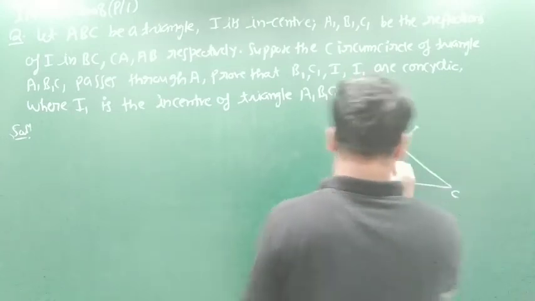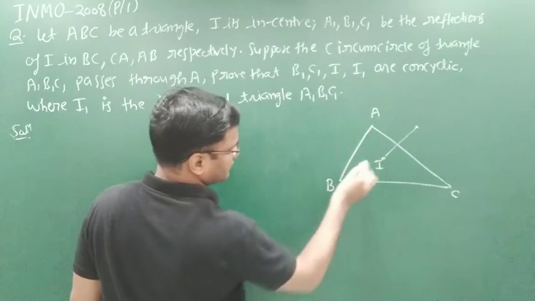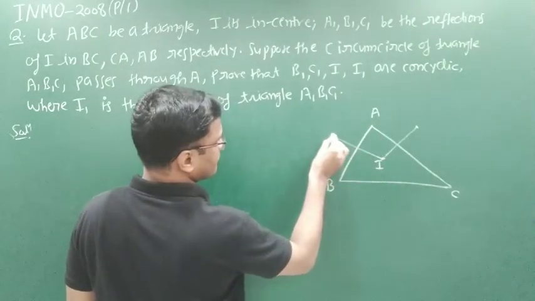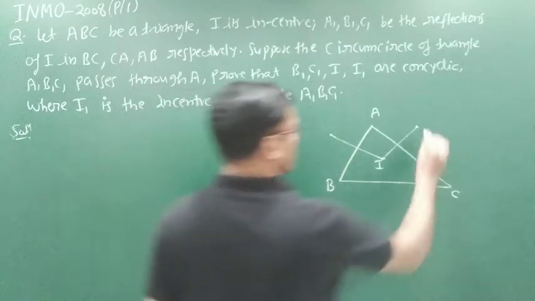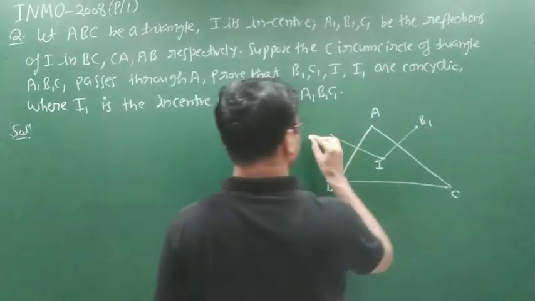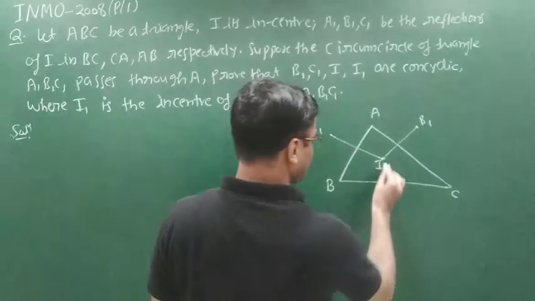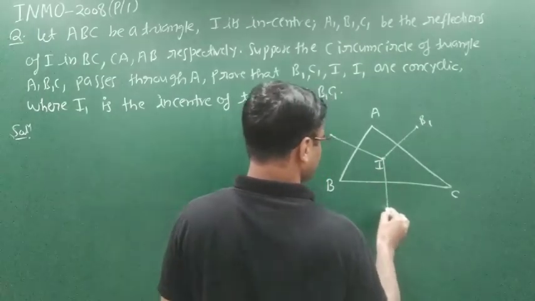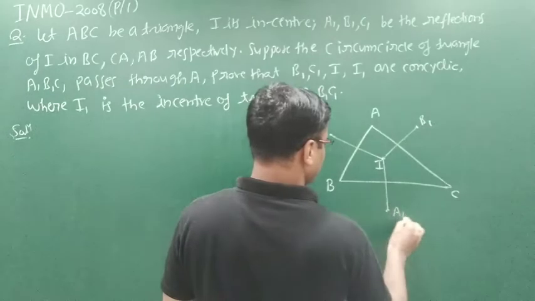This point is B1. The image with respect to side AB is C1.